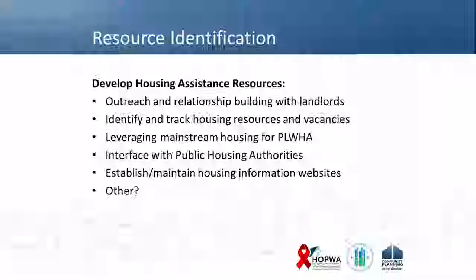So if we go to the first category, developing housing assistance resources, the first thing we identify, which would be linked, of course, to the tenant-based rental assistance or even the project-based assistance category, would be the outreach and relationship building with landlords. So here again, we're making a distinction between a systems level activity and a client level activity.